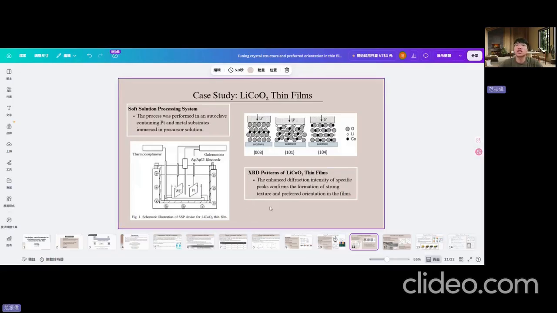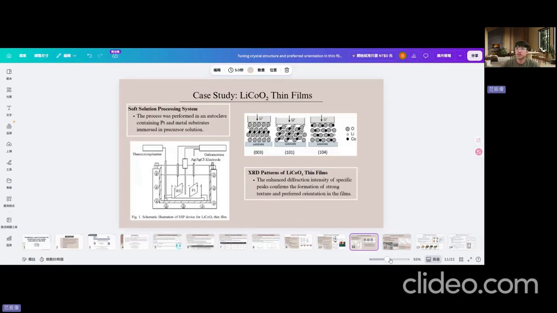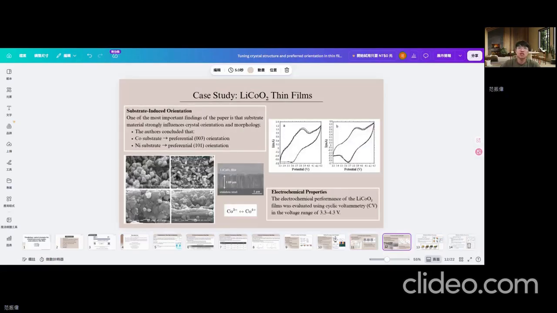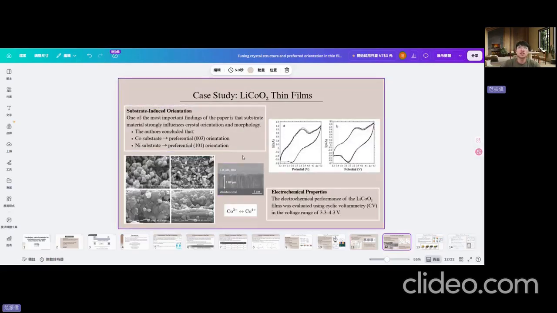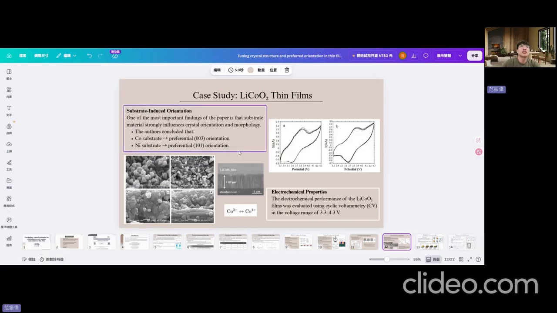And then it's the XRD pattern of lithium cobalt oxide thin film. The enhanced diffraction intensity of specific peaks confirmed the formation of strong texture and preferred orientation in films. And then it's about a case study that uses the substrate induced orientation.